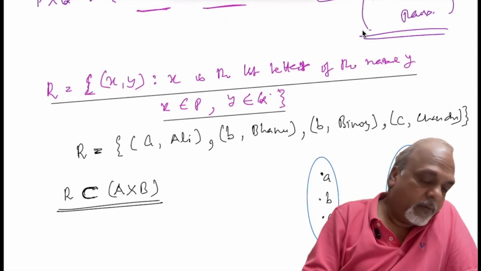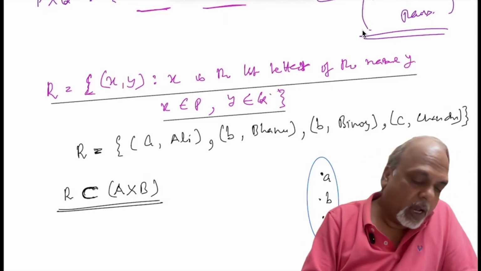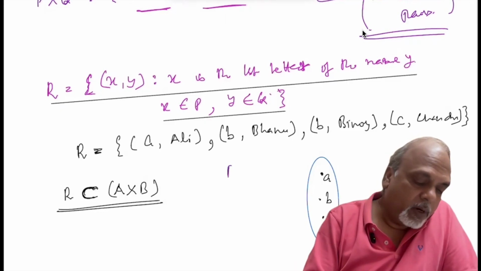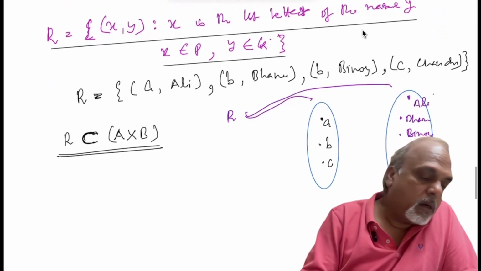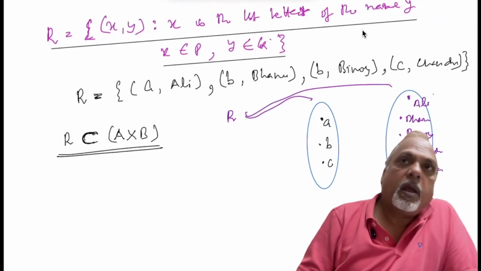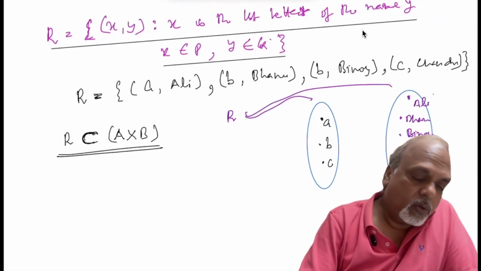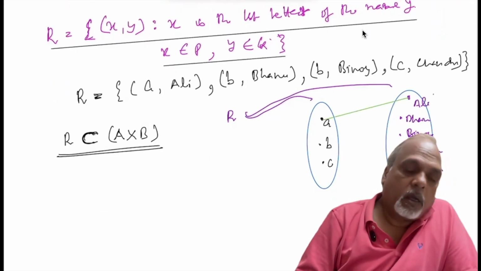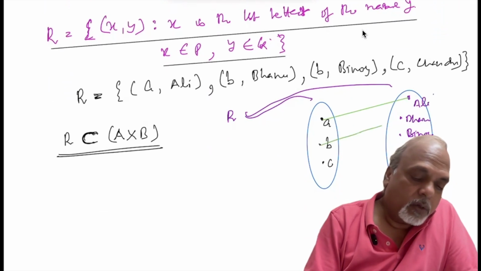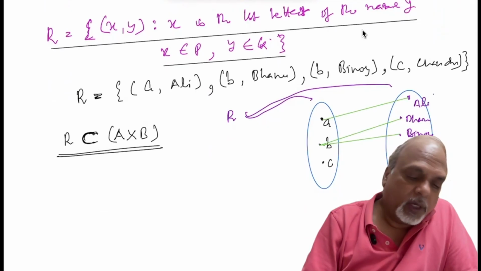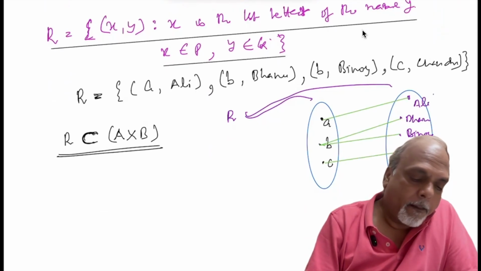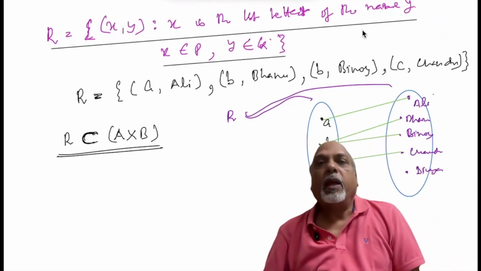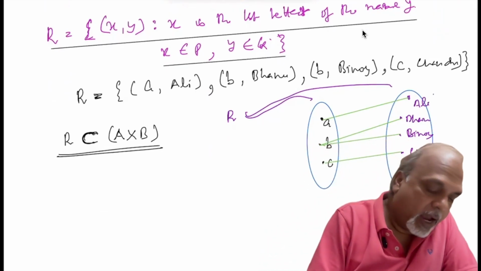So, if we define this relationship R in between these two, then Ali belongs to A, then B is Bhanu and Binoy. C is of course. This is called an arrow diagram.